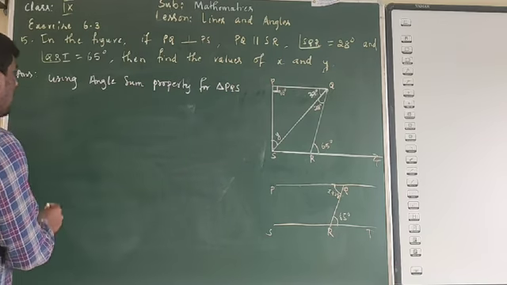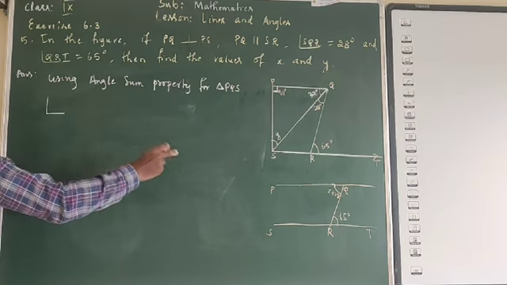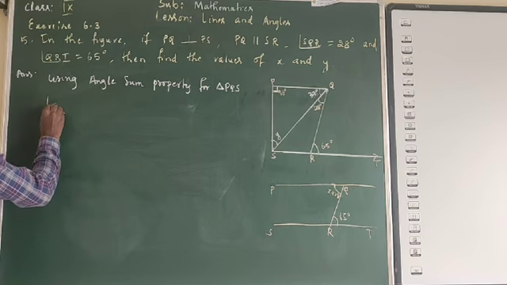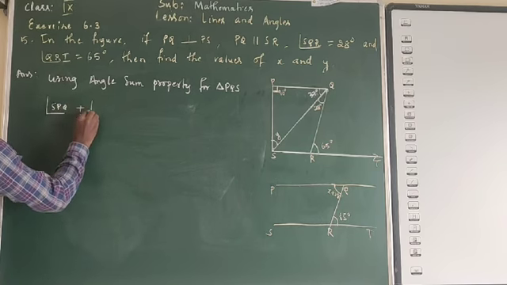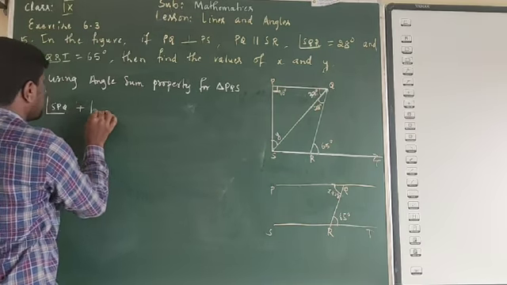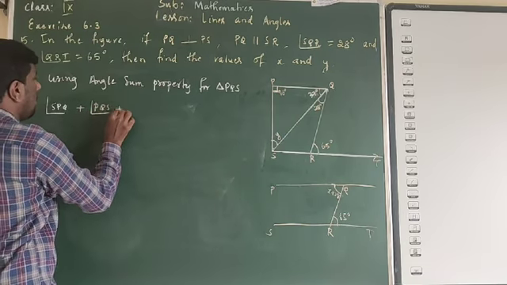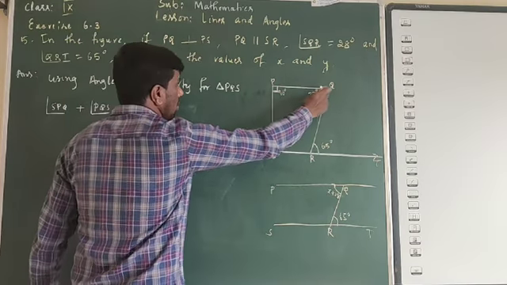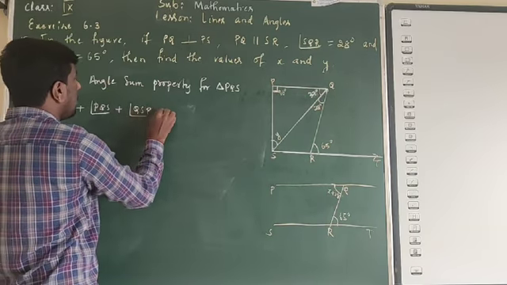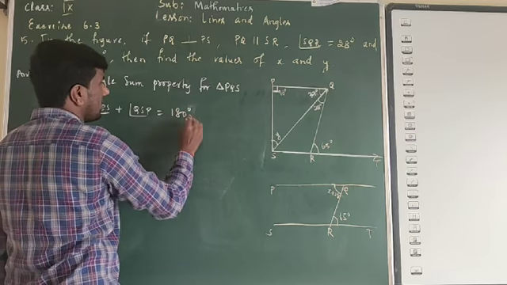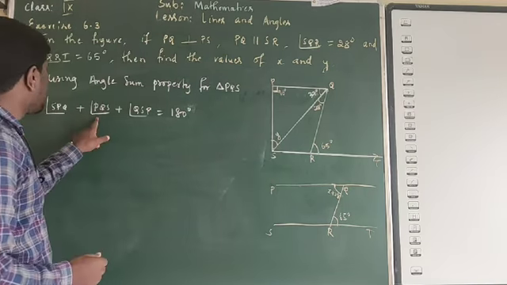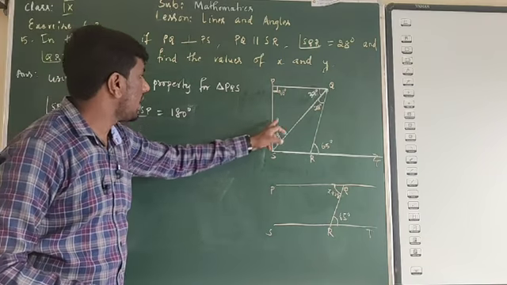Okay, so angle SPQ plus angle PQS plus angle QSP is equal to 180 degrees. That means the sum of these three angles, right? Okay. So SPQ plus PQS plus QSP, all these three angles.